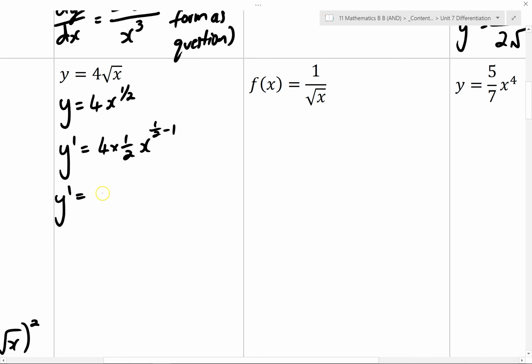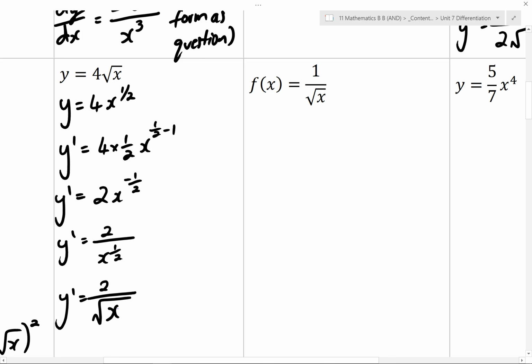So my derivative is 2x to the power of minus a half. Don't like negative powers. And my question was given with the radical, the square root signs, so I need to make my solution radical as well. Sweet, done.